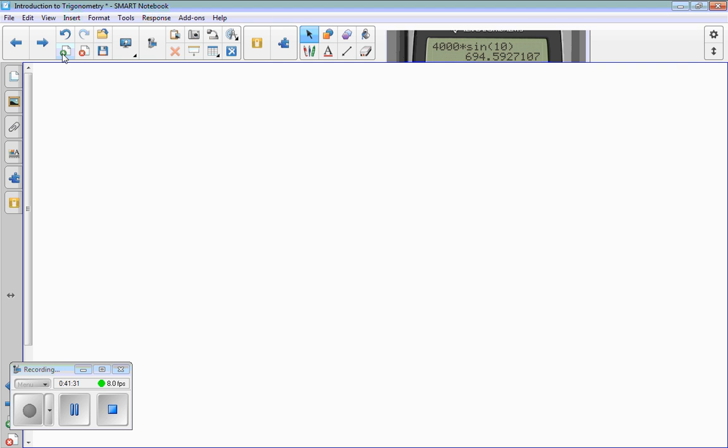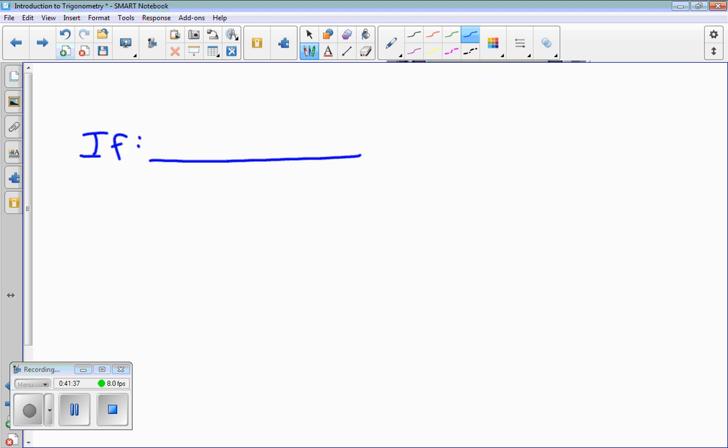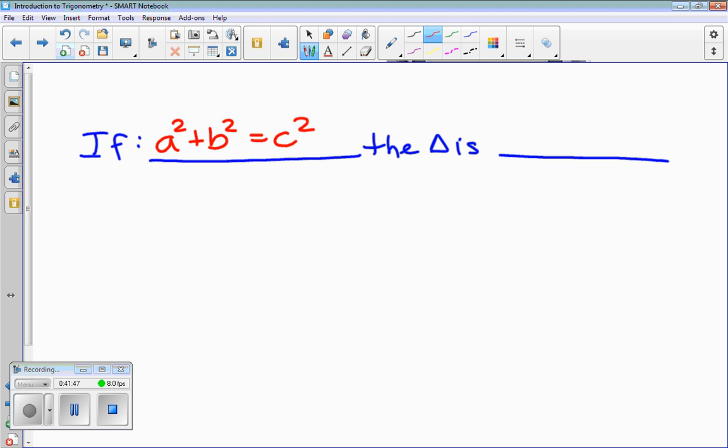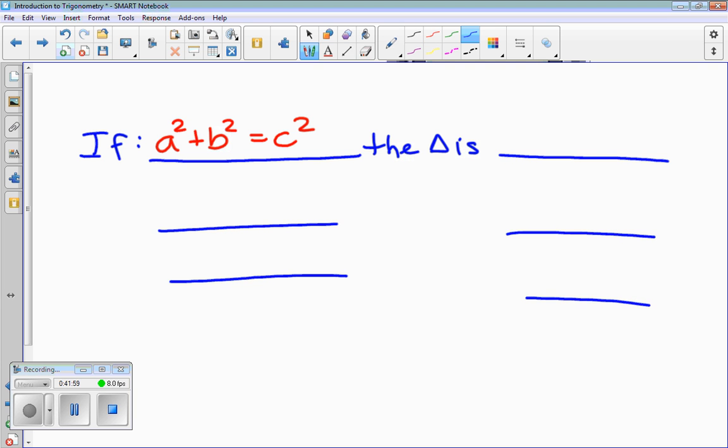So for example, if it says, if blank, the triangle is blank. In other words, if a squared plus b squared equals c squared, then the triangle is what? Right, acute, or obtuse? Right. So I want you to fill that in, okay? You're going to have 3 of these. And what are your cases?